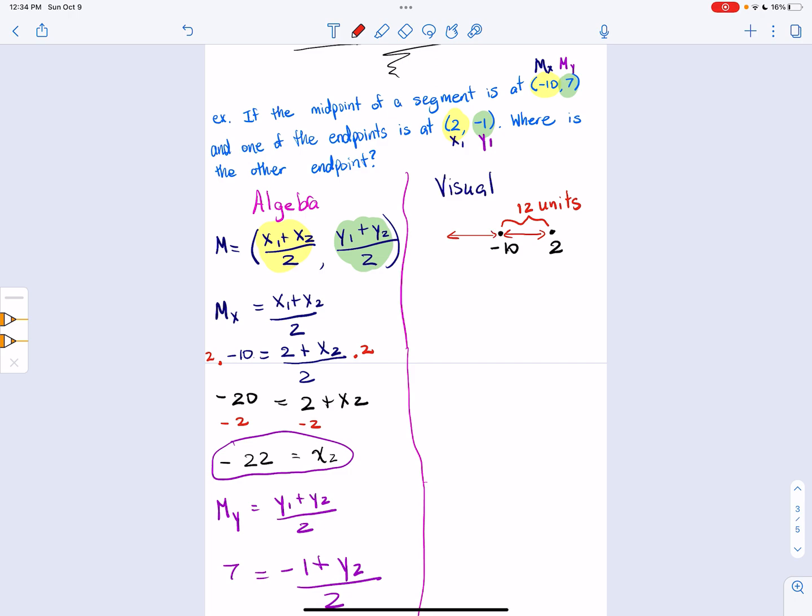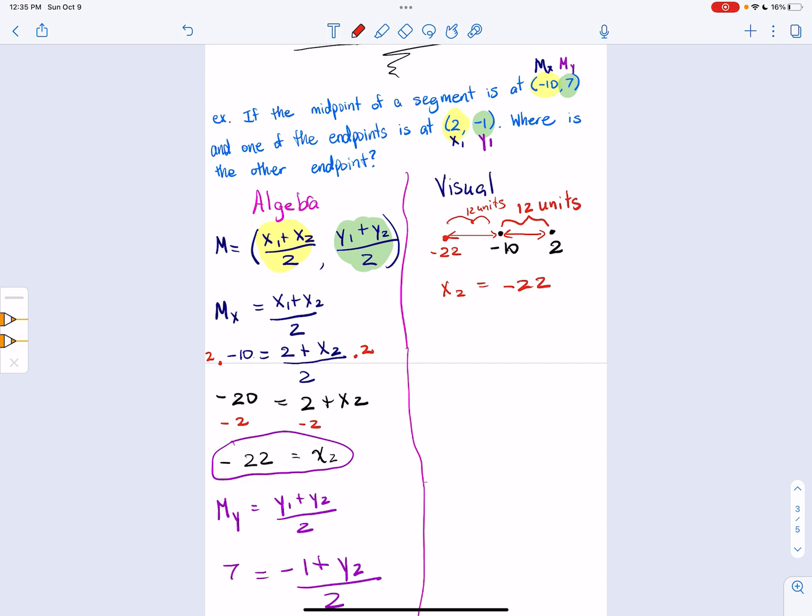Going back from negative 10 over 12 spaces, we get to negative 22. And that's how we figure out the x coordinate, x2, I'll call it, equals negative 22.